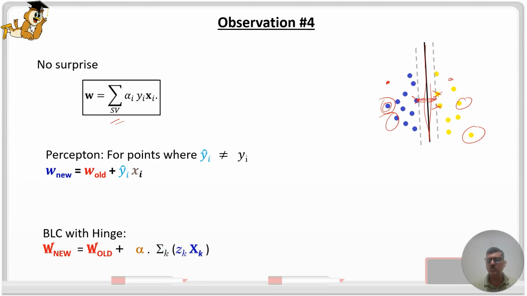This would still have been the best margin, and it would not have affected my final result. So I feel that it is intuitive that your final separator is simply a linear combination of only the support vectors, only the points that are closest to the decision boundary. So that is my observation number 4.